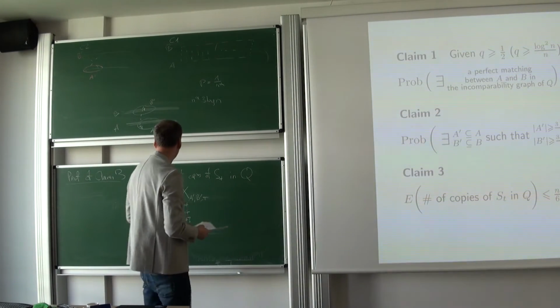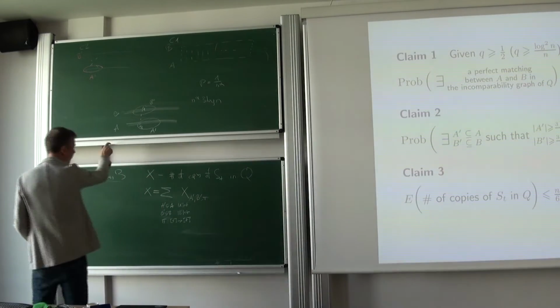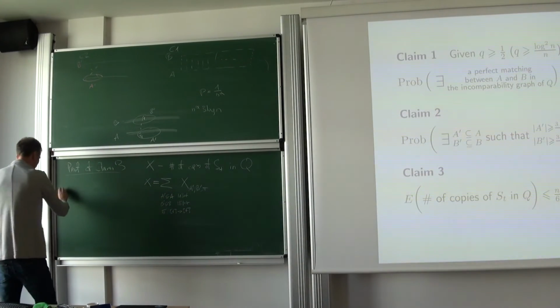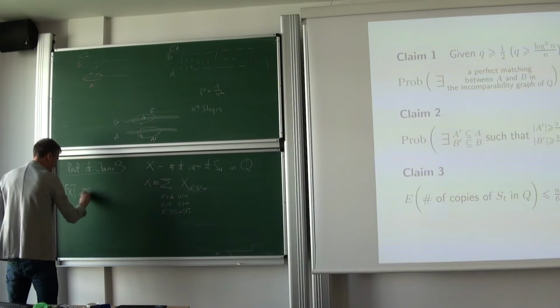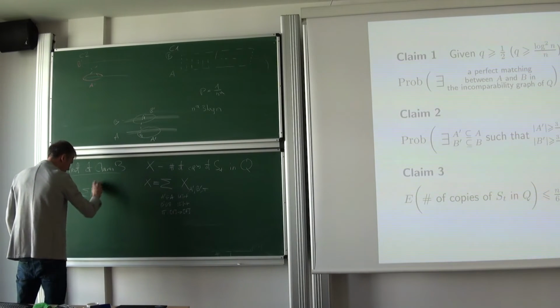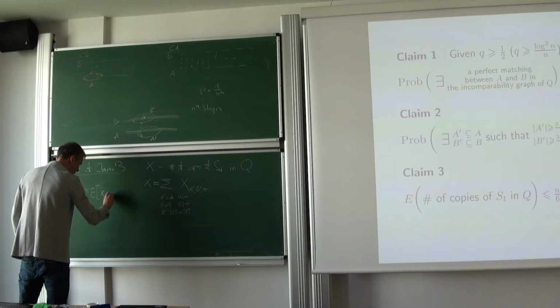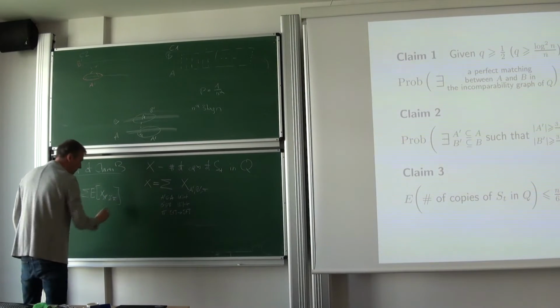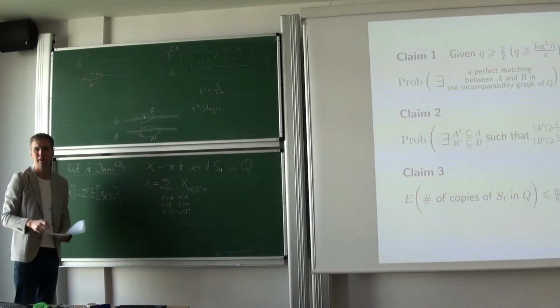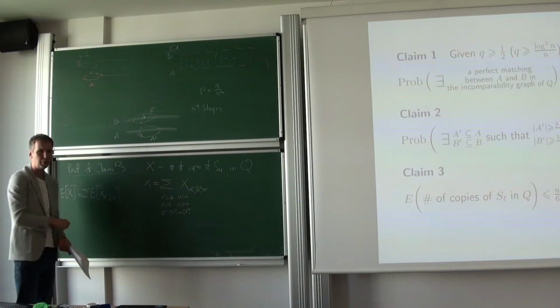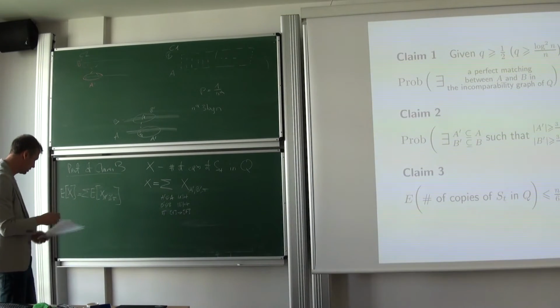And then, by linearity, the expected number is the sum of the expected X_{A' B' pi}. And now this is just the probability that at this position, we have the standard example.